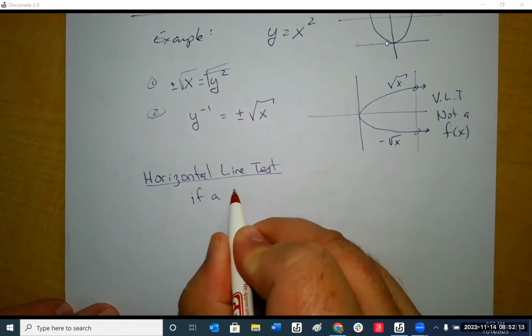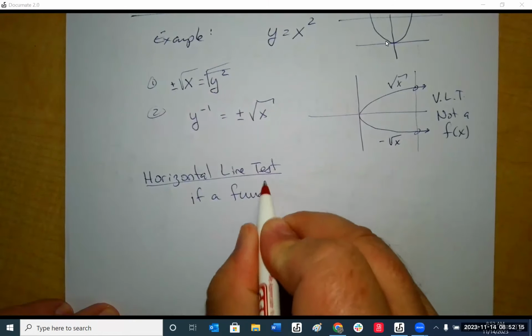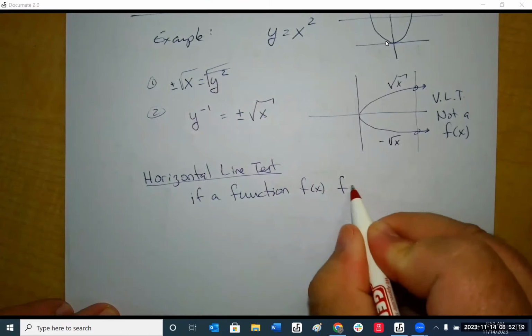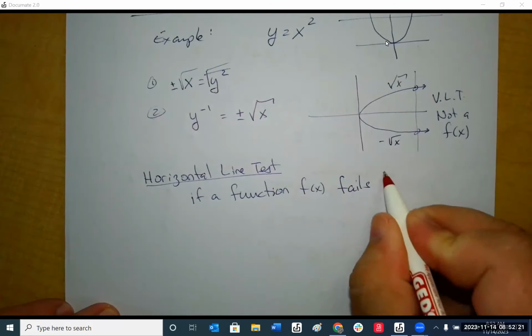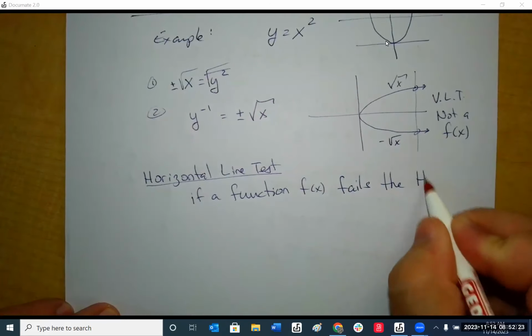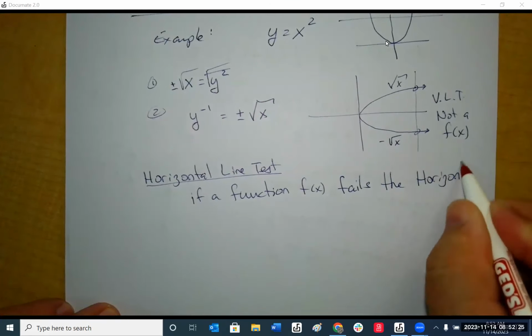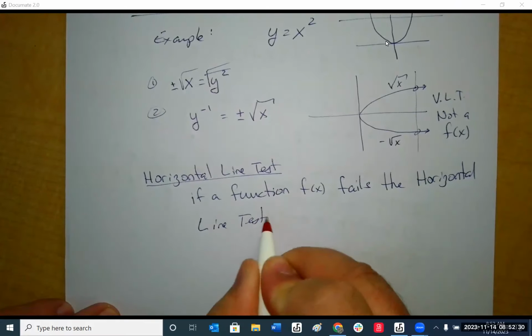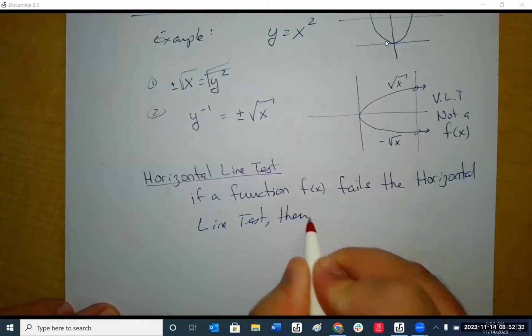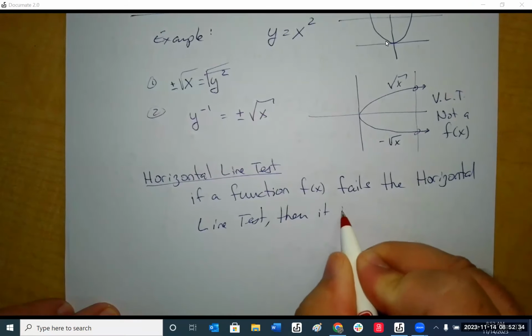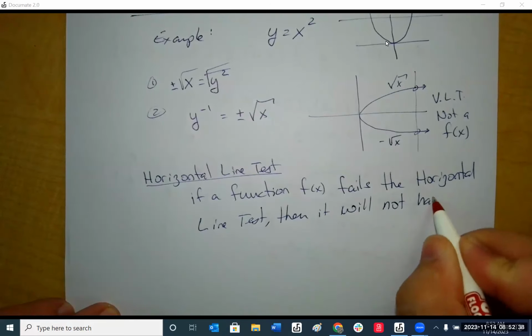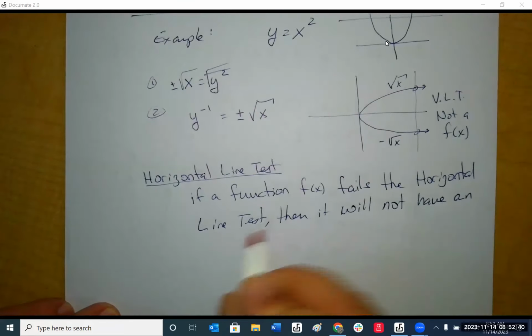If a function f of x fails the horizontal line test, then it will not have an inverse.